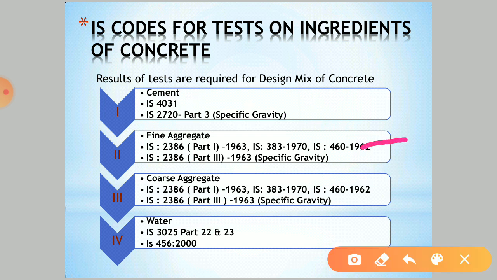The first IS code, IS 2386 part 1 and IS 383, is for its classification as per zone. And the second, IS 2386 part 3, is for calculation of specific gravity. Same for coarse aggregate. First is for determining the particle size distribution, fineness modulus, and zone. And the second IS code, that is part 3, is for specific gravity.